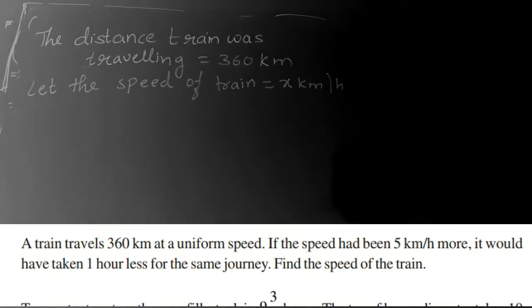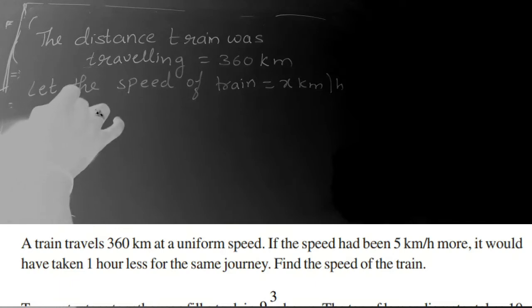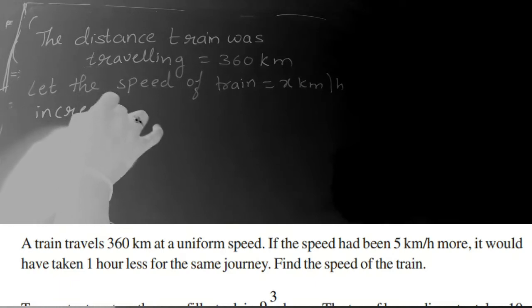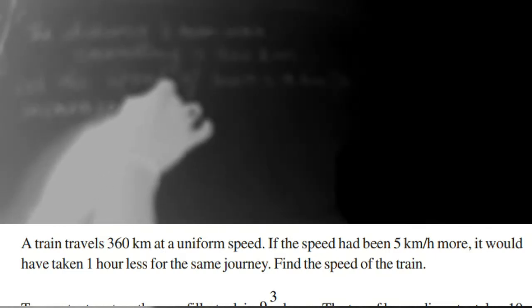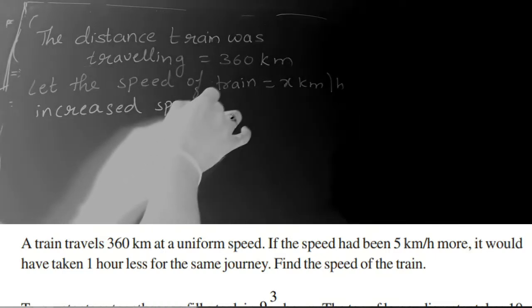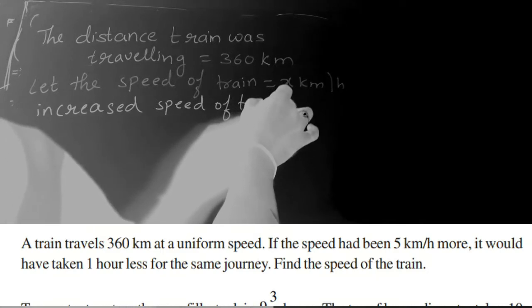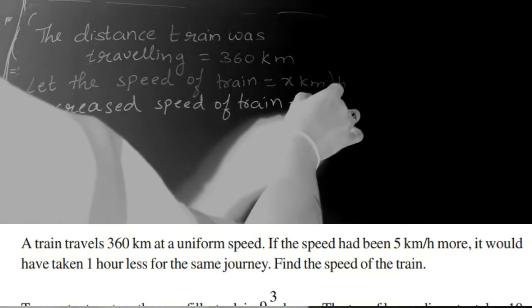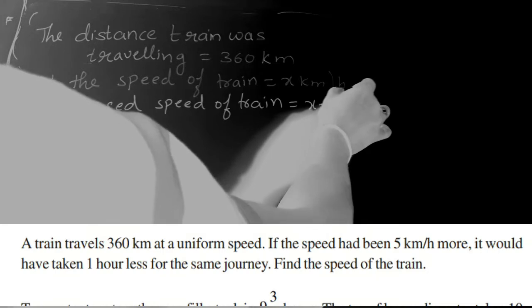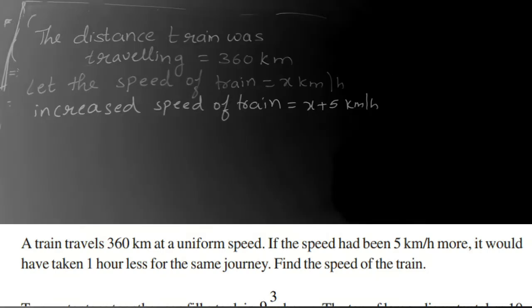And he was saying that if the speed is increased by 5 kilometers per hour, the increased speed of the train is nothing but x plus 5 kilometer per hour. Then he was asking to find the speed of the train.